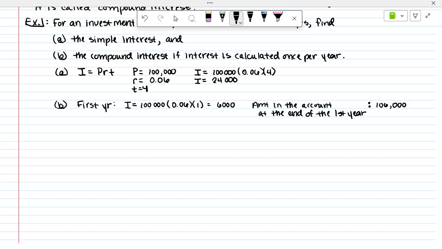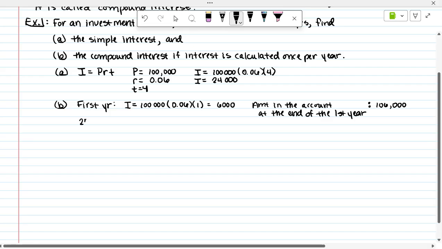That's what compound interest does. It adds the interest that you earned back to your original principal and calculates new money based on the new principal. So, second year, I now have I equals, well, my principal now is 106,000 times 0.06. This is only for 1 year, okay?